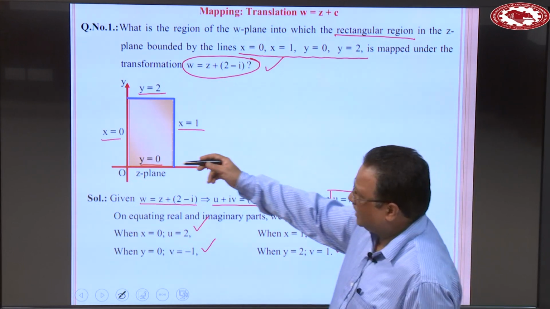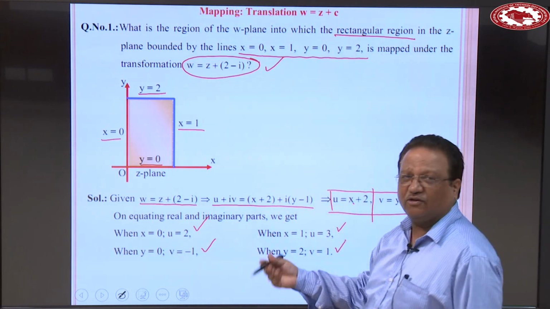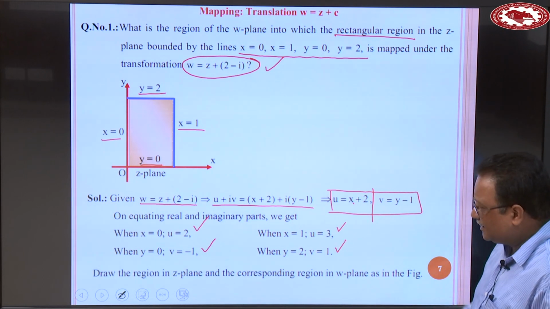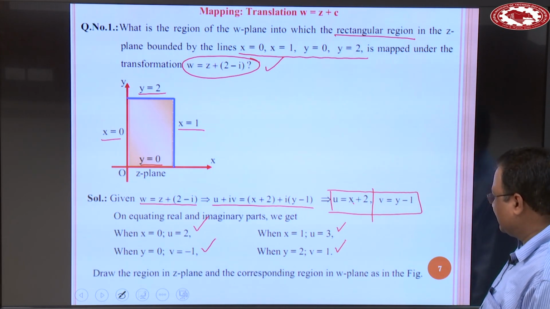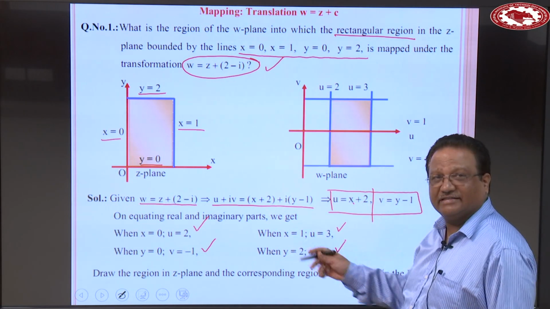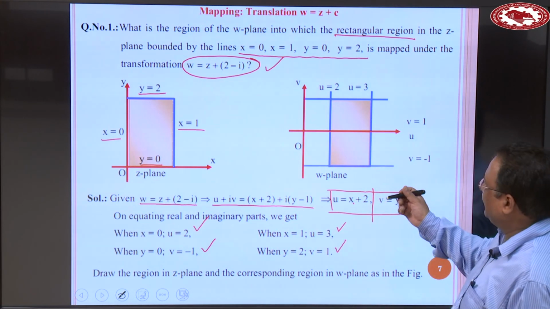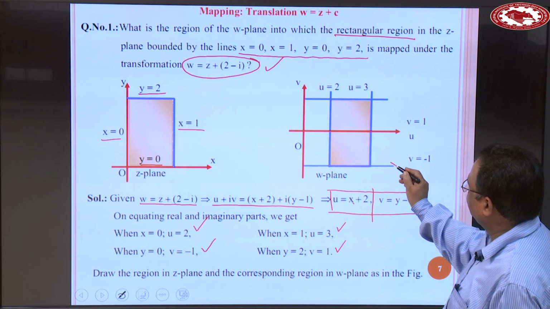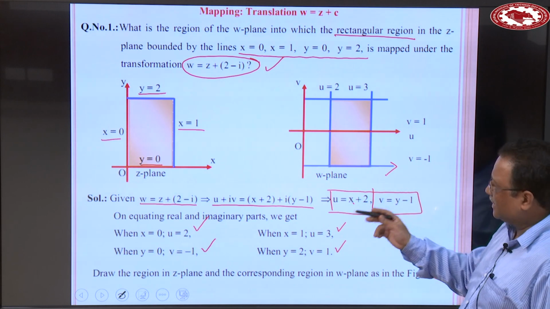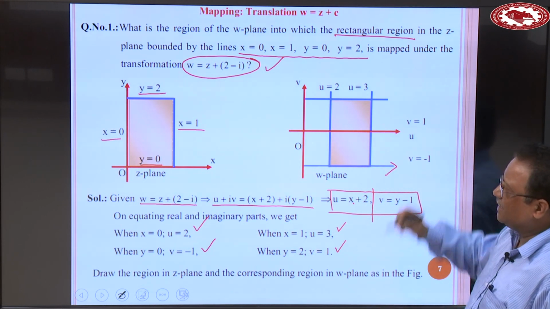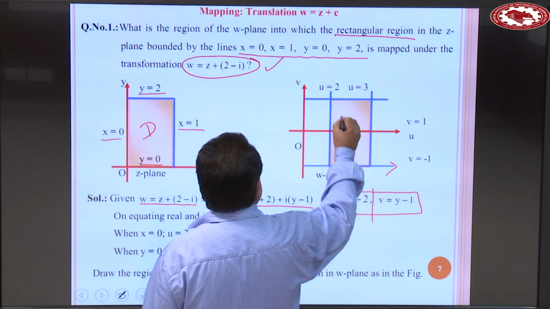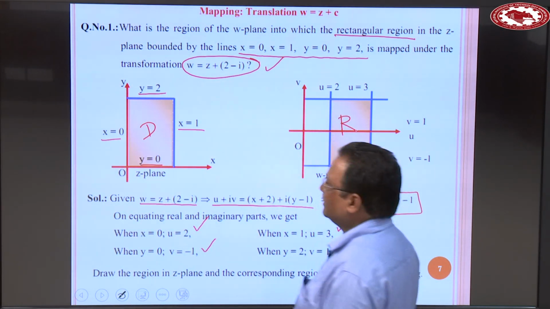Then substitute all these values and calculate the corresponding values of u and v. Clear? So draw the region of the z plane and the corresponding region in the w plane as shown in the figure. When we apply all these results in the w plane, this is the u axis and this is the v axis. Then drawing the corresponding lines, we obtain this type of region. Okay. So this one is the domain, and this one is the range. Clear?